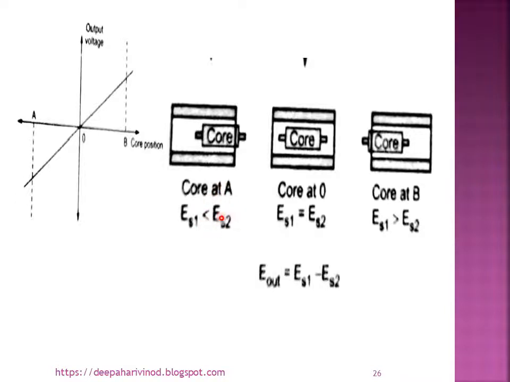So ES2 will be the bigger value. And in the same way, if the core is at the center, then ES1 will be equal to ES2. And what are ES1 and ES2? They are actually the outputs from the secondary coils.